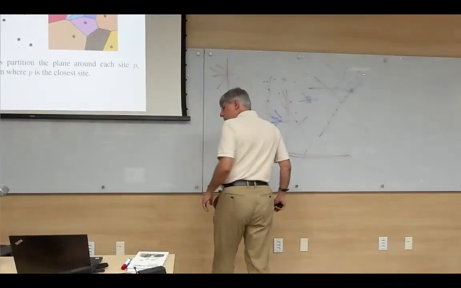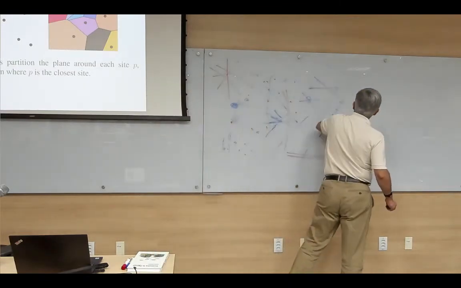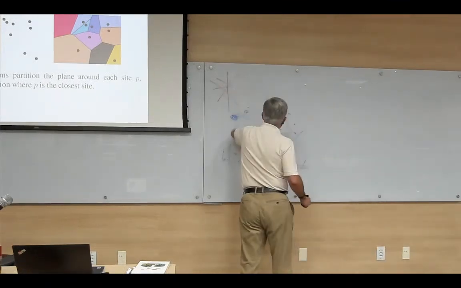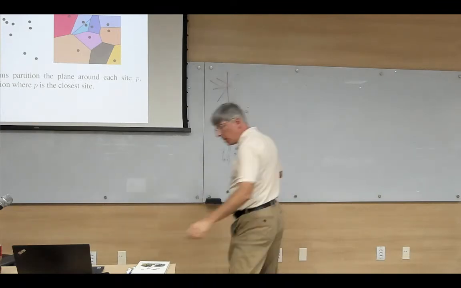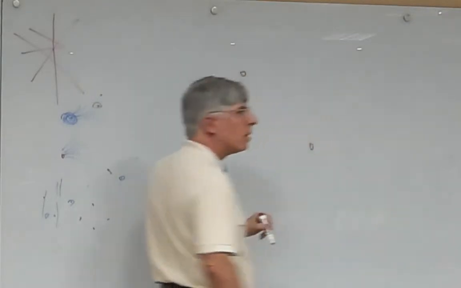Suppose I give you a set of 2 points, only 2 points. How do you find the Voronoi diagram of 2 points? Suppose my points were here and here.